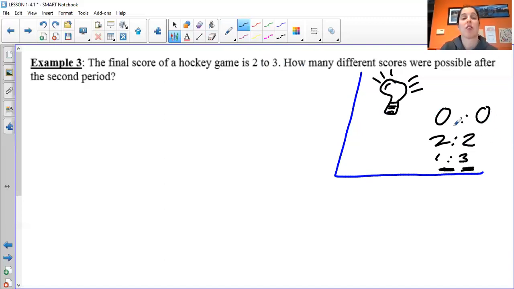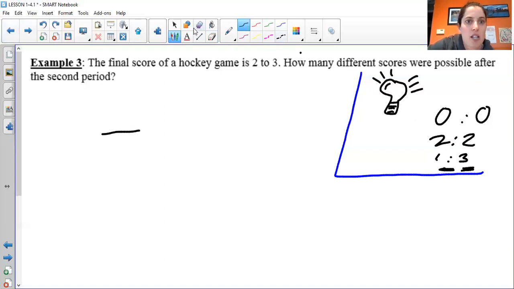When you're talking about the fundamental counting principle, you're trying to think about how many different stages, how many different slots. When it comes down to it, we actually have 2. We have the first team score. I shouldn't say team number 1, because technically they didn't win. I like to give my slots subscripts.